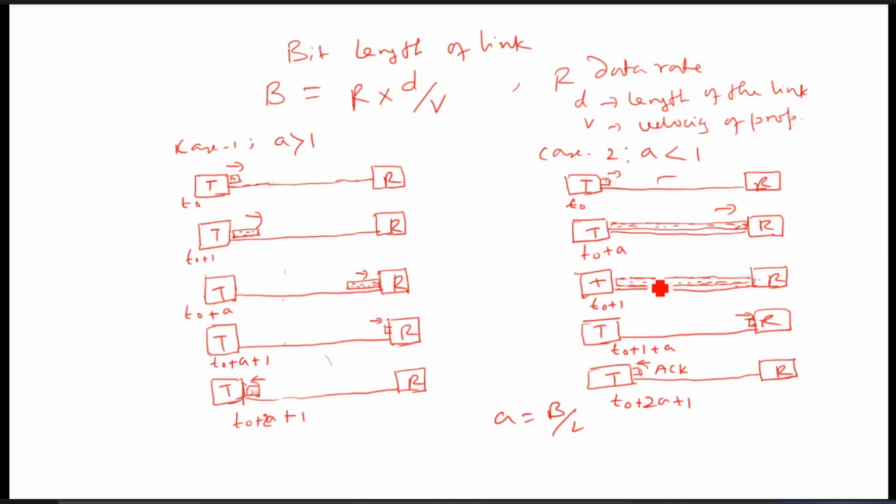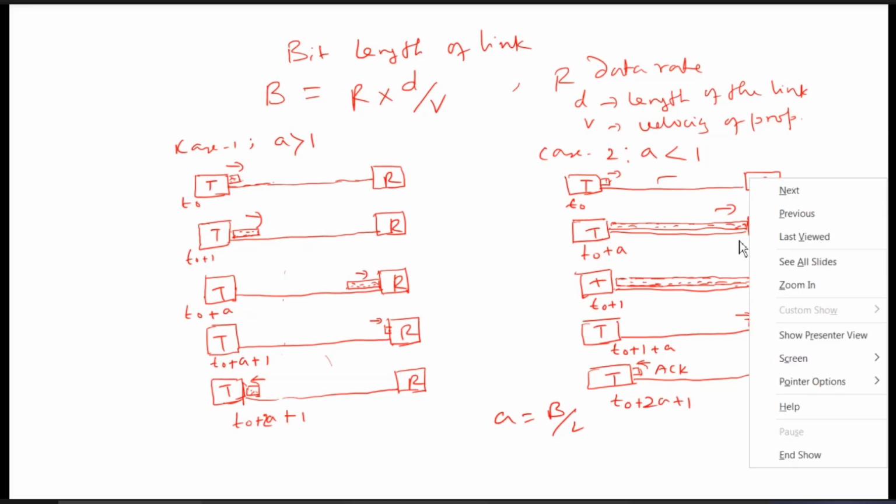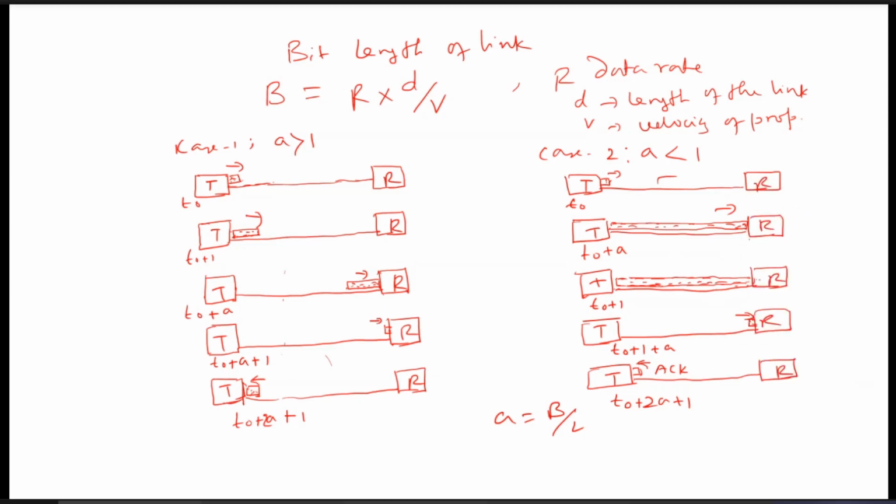The sending station transmits the frame at time t0, and at t0 plus a the leading edge of the frame reaches r. But the station is still transmitting the frame and will continue to transmit.